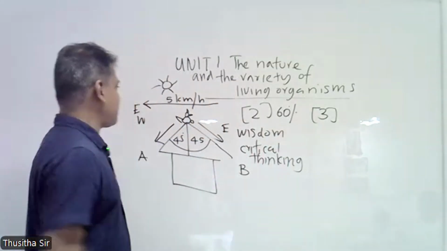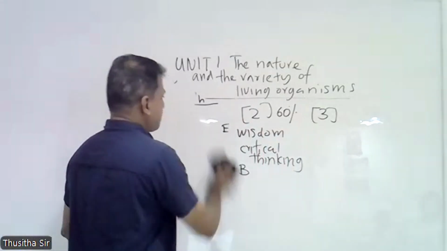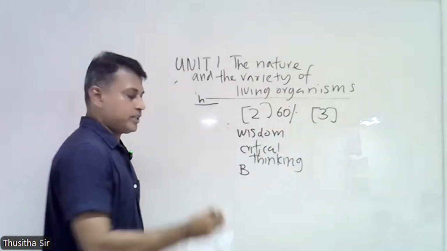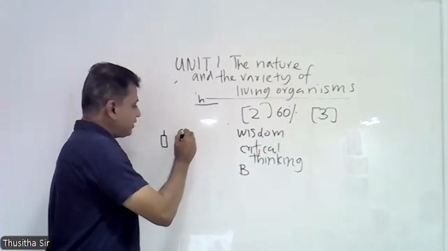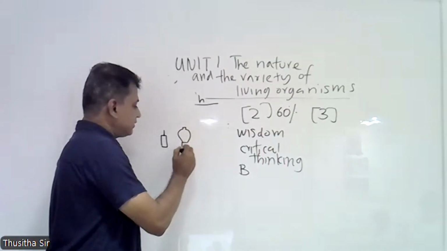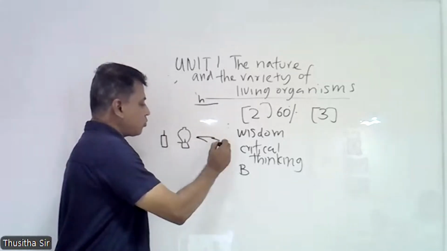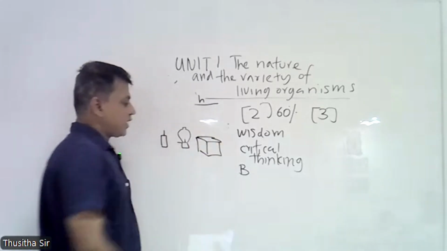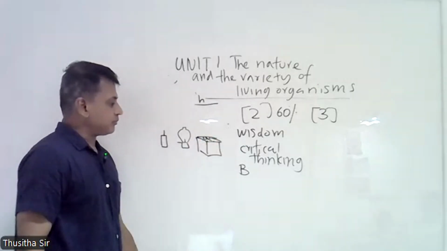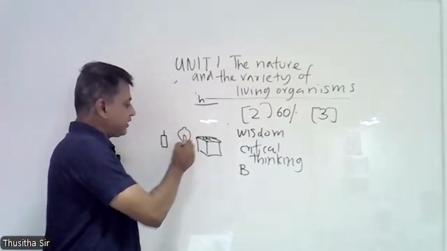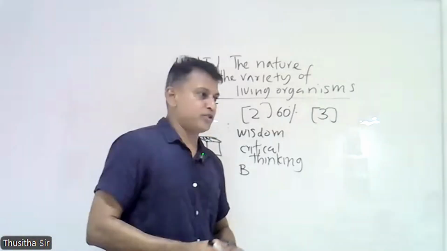Another critical thinking question, what is it? This. So here you have a candle, and you have a lantern, and you have a stove. So I will tell you what this is. A stove is used to cook, the gas burner, and this lantern they can also burn to get light when it's dark. And candle, all of you know the words now.